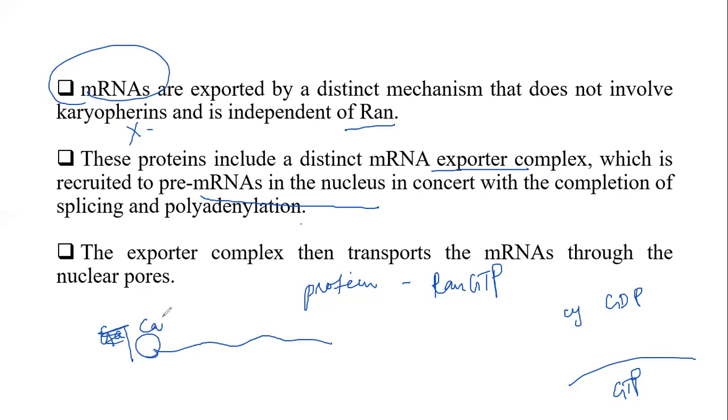It is your 5' 7-methylguanosine cap at the 5' end, and at the 3' end you have the poly A tail, to which the poly A binding proteins are bound, if you remember, right? Along with this, we have another protein complex which helps in the export of the mRNAs through the nuclear pores.